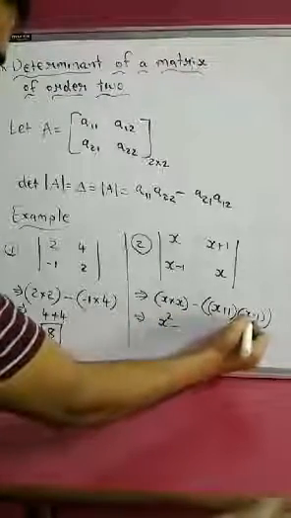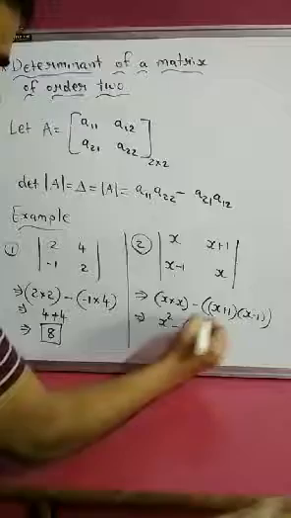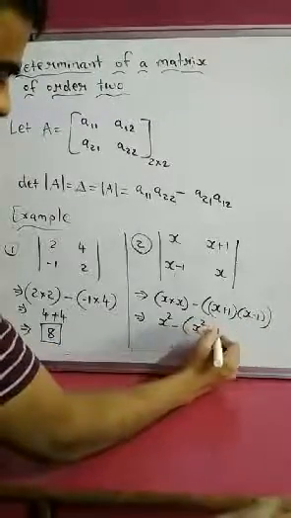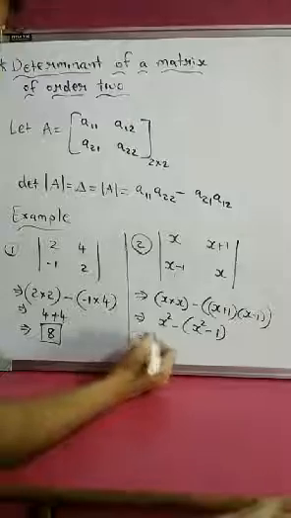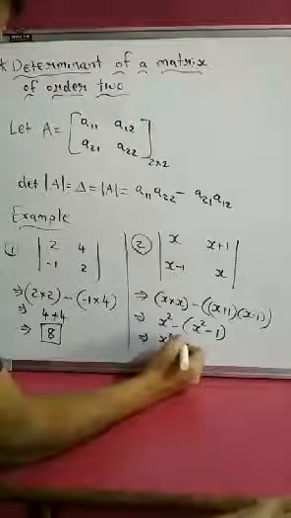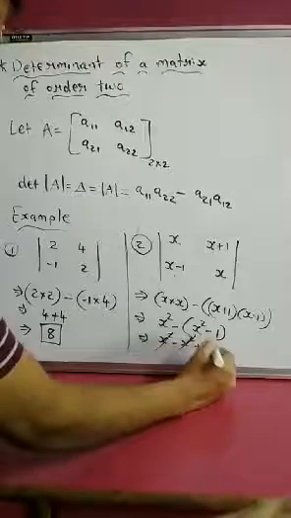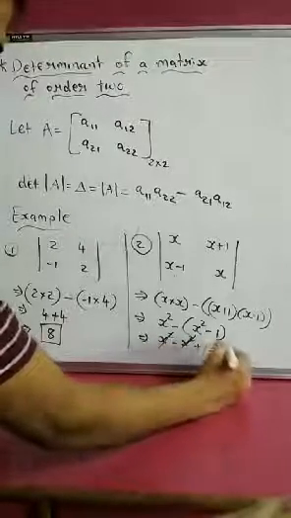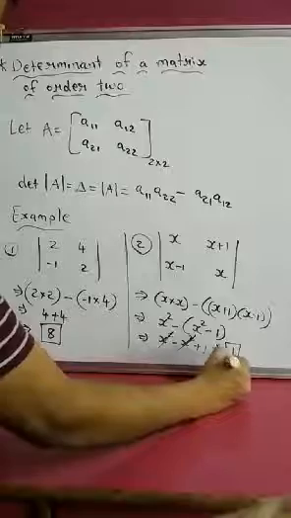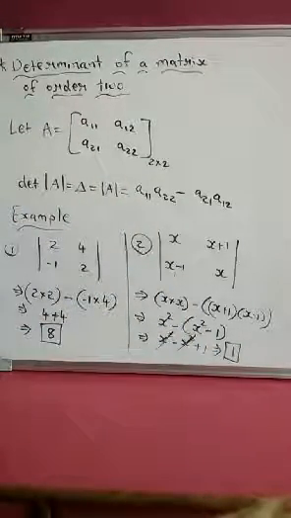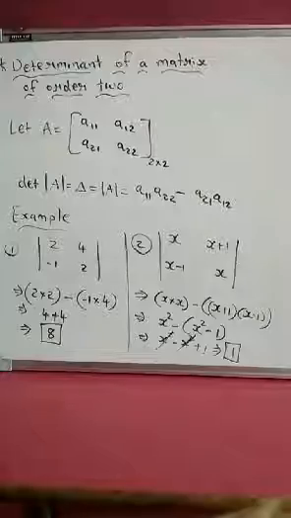For x plus 1 and x minus 1 we have a formula: a plus b, a minus b is a square minus b square, and 1 square is 1. So x square minus x square plus 1, the x square and x square get cancelled with each other, and our answer is 1, right?